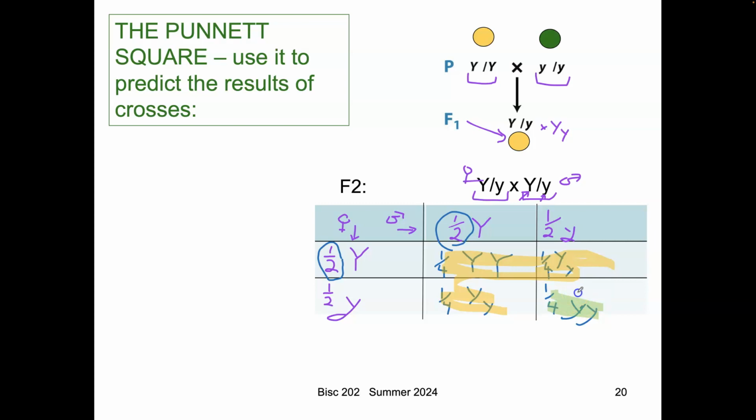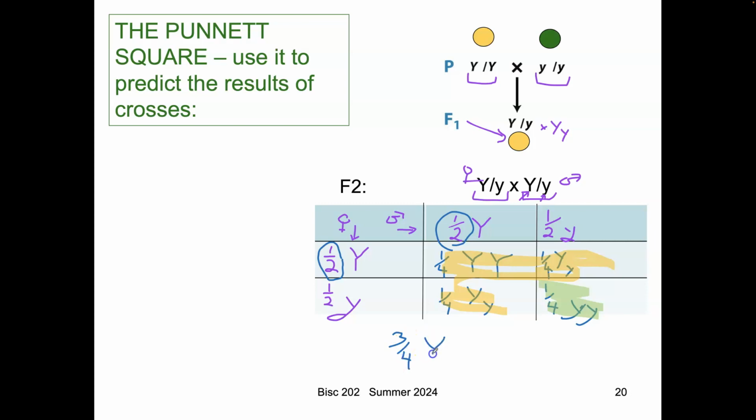And only a quarter of the time are you going to have the green phenotype. And so this is going to give rise to the 3/4.